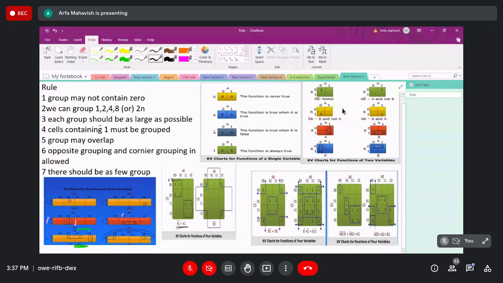For A 0 0 1 1, for B 0 1 1 0. So look at this graph. The first rule is, if you have the opposite cells, we just ignore them.